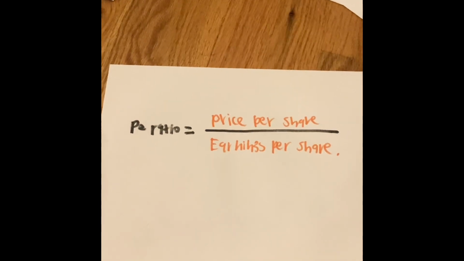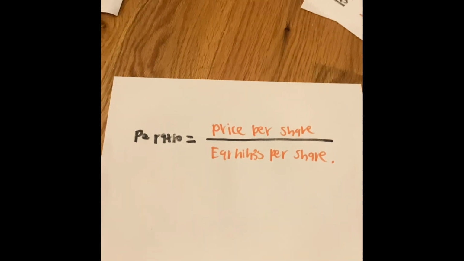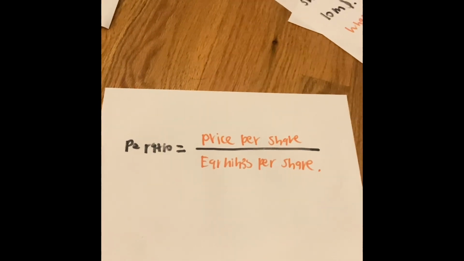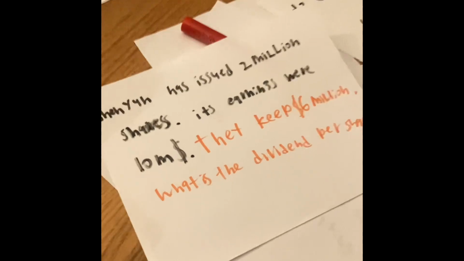Dividends are basically the earnings per share that the savers get, like from that Shen Yun example from the last episode, where people are going to get $2 per share.